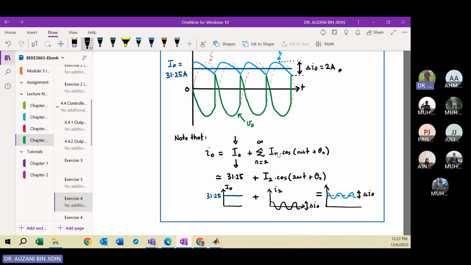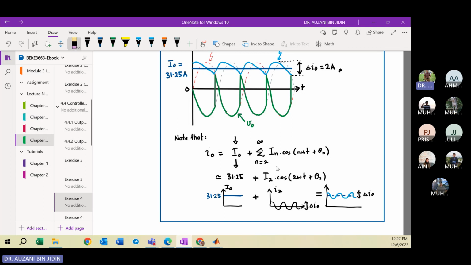So I4, I6, I8, since the values are too small, we can neglect them. The only term that influences the current ripple is I2. Understand? So in this case, we ignore all the current harmonics, I4, I6, and the rest, until infinity. You just consider only the first term, which is I2.